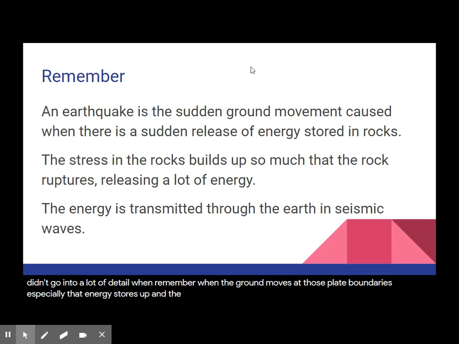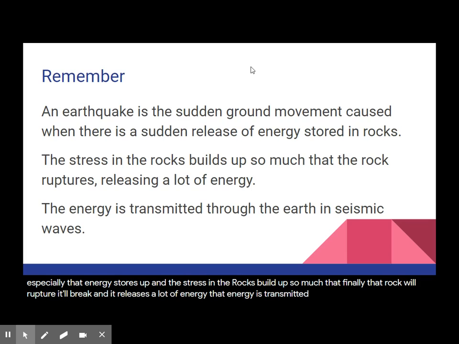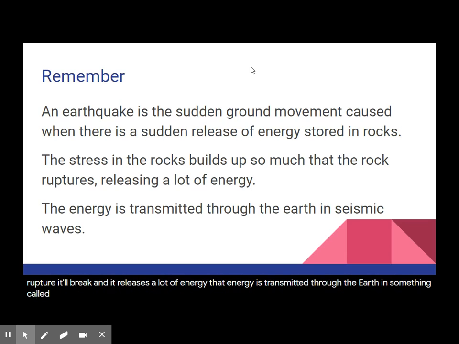The stress in the rocks builds up so much that finally the rock will rupture. It'll break and it releases a lot of energy. That energy is transmitted through the earth in something called seismic waves. We've already talked about that, so hopefully you're remembering that.